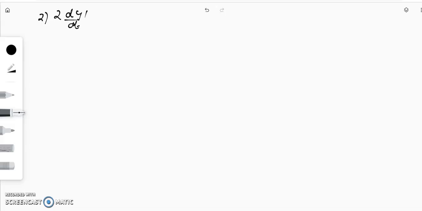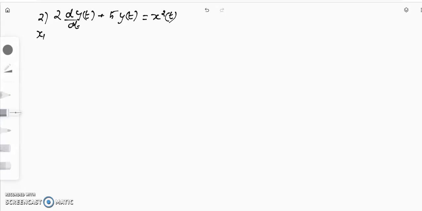Okay, the second question will be 2 into d by dt of yt plus 5yt is equal to x square t. Okay, now let us do this fast. So let the input be x1t.